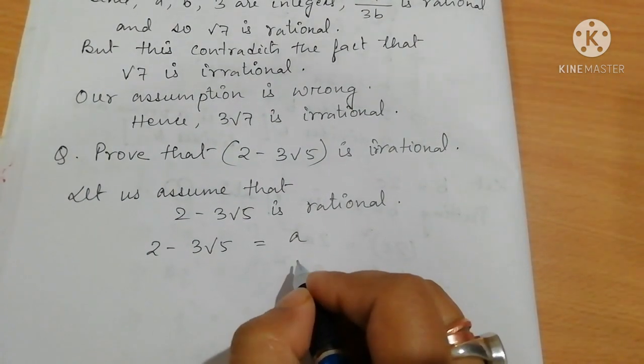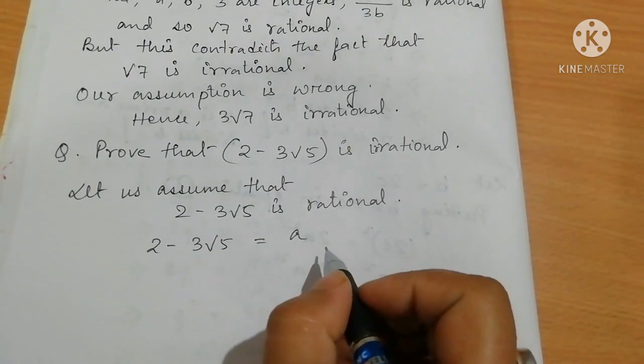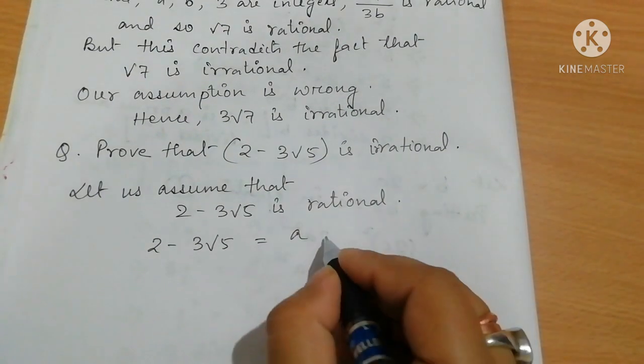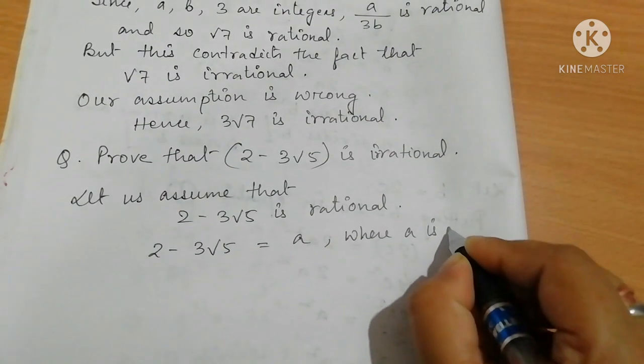In this case, let us consider it as a, because a is also a rational number, where a is rational.